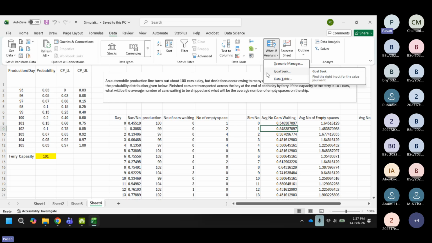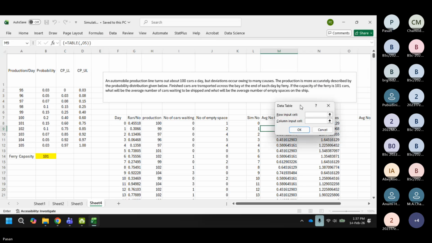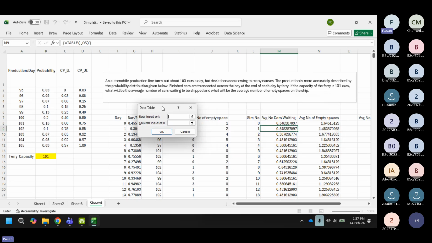Okay, so you can go to the what-if analysis there, and then data table.